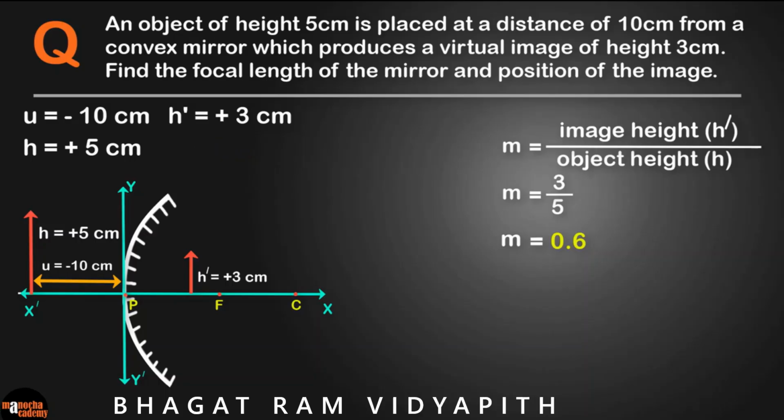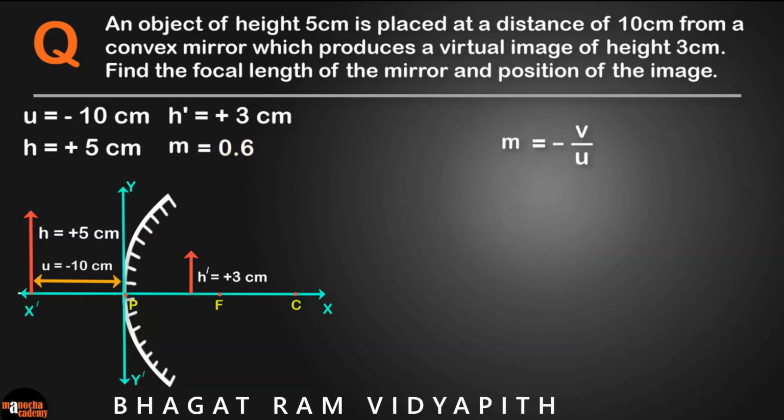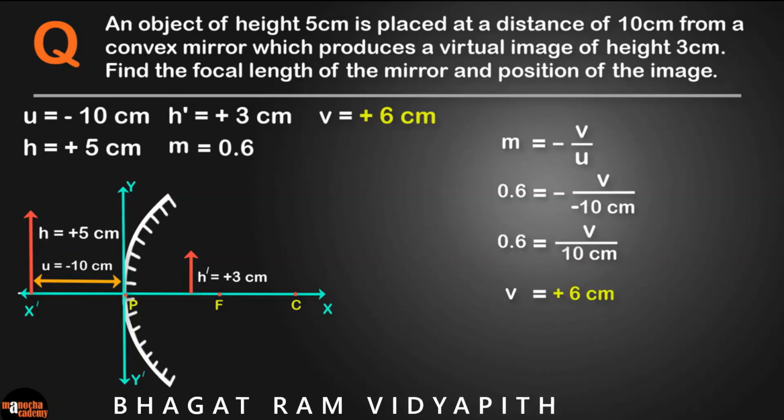Now let's use the other magnification formula, m equal to minus v by u, to find the image distance. Substituting the magnification and object distance values, we get the image distance v equal to plus 6 centimeters. The image is along the positive x-axis. So the image is formed 6 centimeters behind the convex mirror.